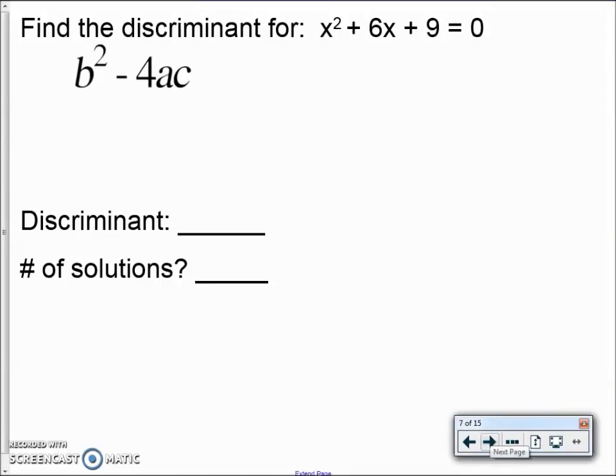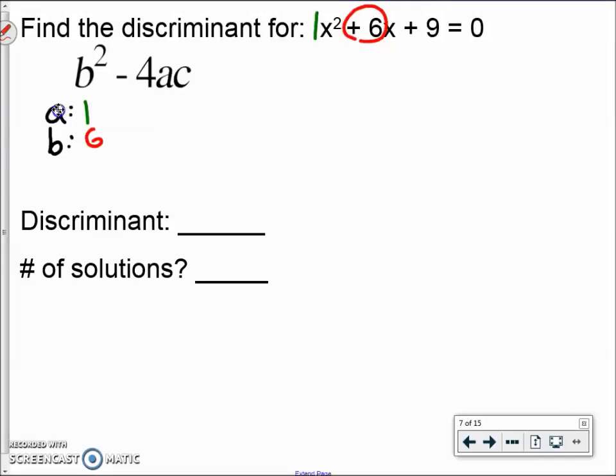So let's go ahead and detect how many solutions a specific quadratic might have. x squared plus 6x plus 9. So we're going to identify our a value, which is 1. Our b value, which is 6.